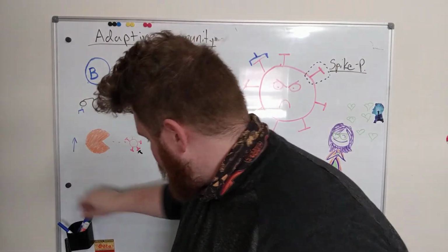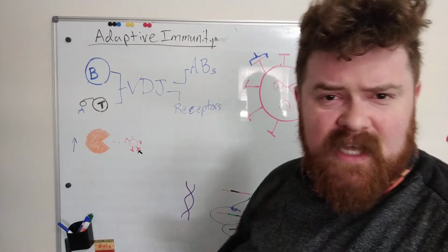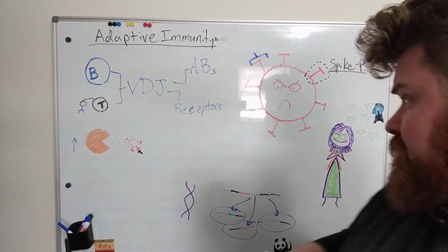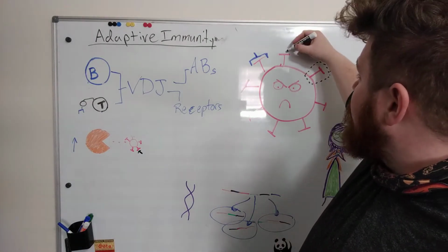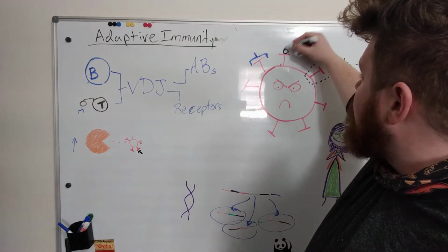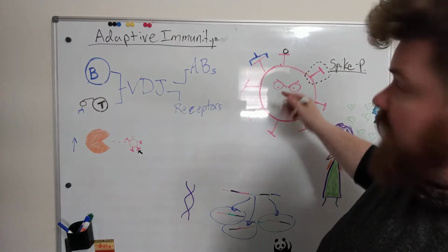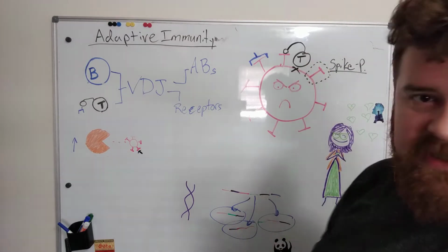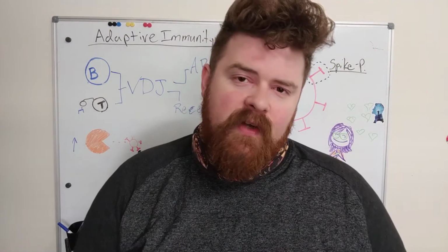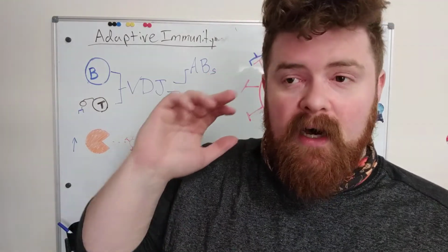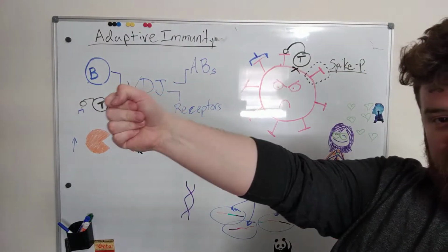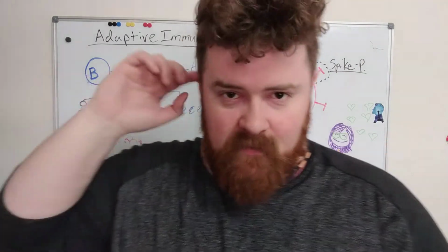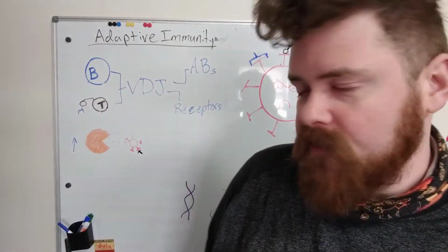And that's going to be a new receptor on the outside of that cell, an extracellular protein that is going to allow that helper T cell to latch onto the virus, and then the killer T cell can come in and do its damage. The killer T cell has a really cool way of attacking cells. It will punch a hole right into the cellular membrane, and then basically the cell just floods and explodes that way.